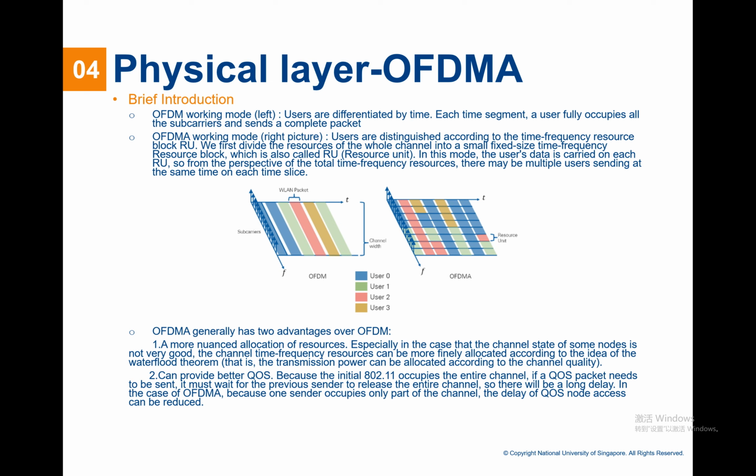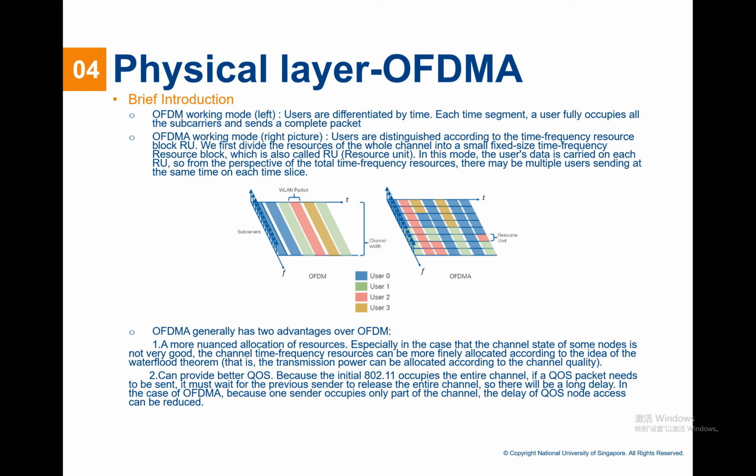Each time segment, the user fully occupies all the sub-carriers and sends a complete packet. OFDMA working mode on the right picture is that users are distinguished according to the time frequency resource blocks, RU.